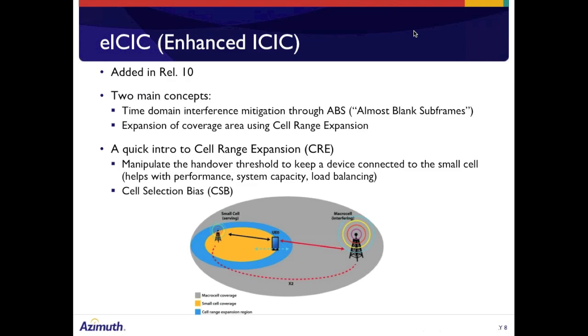Somehow we need to figure out a way to keep those handsets connected to the small cell, otherwise you're not getting any benefit from it. So what they introduced was a cell selection bias.